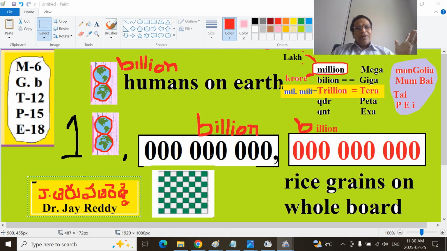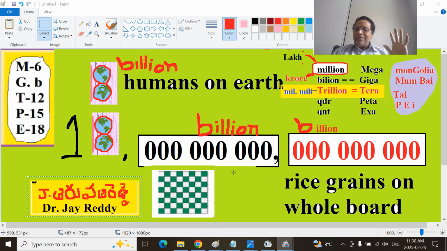Then again, because it's billion, billion, billion means 9 zeros. That is exa, that is quintillion. The entire chessboard contains 18 quintillion grains, or this particular 64th square alone contains half of it, 9 quintillion grains.